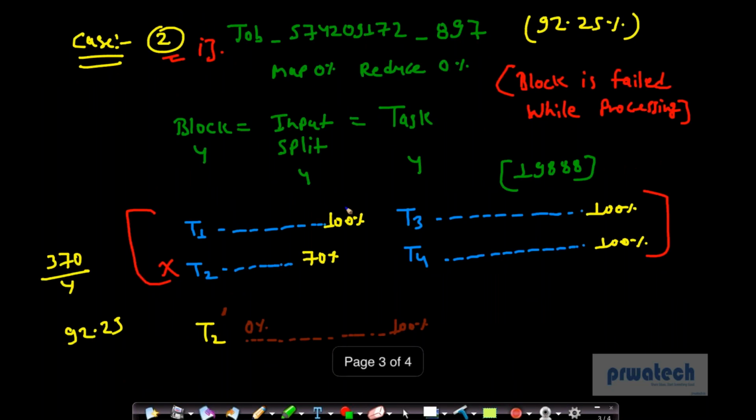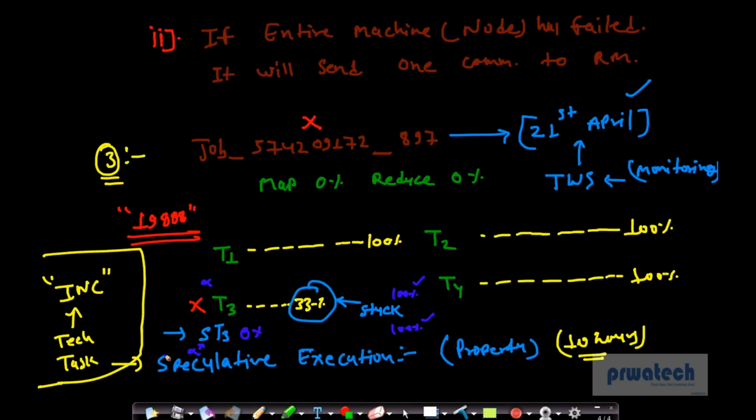Now, second thing, so I have got my speculative task. This will start from 0%. Whichever gets completed first, the next one is automatically killed. In this way, without killing this T3, I can handle this. Now, if you're thinking, what if this is also stuck?